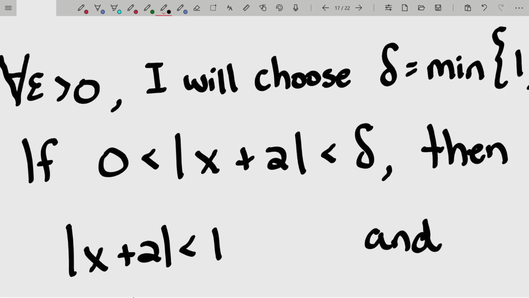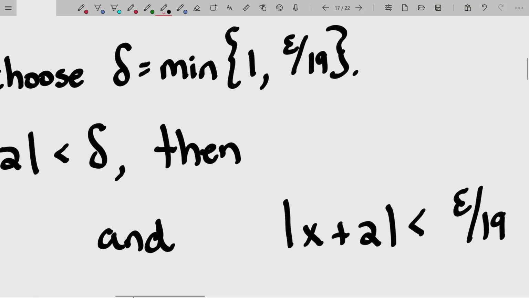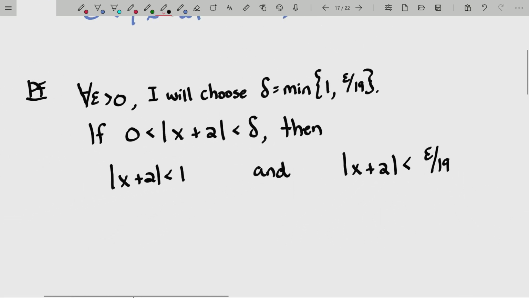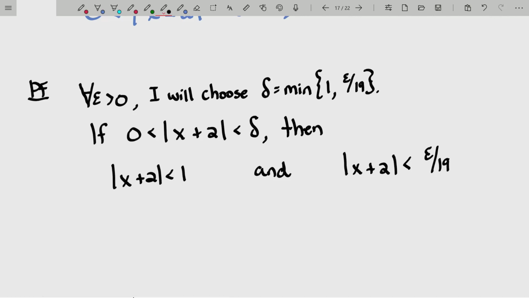So if you'll forgive me, but I have to disagree, the absolute value is going to be strictly less than 1 and simultaneously strictly less than epsilon over 19. And they say, oh, forgive me, I'm so sorry. And I say, that's okay, it's cool. All right, cool your jets.